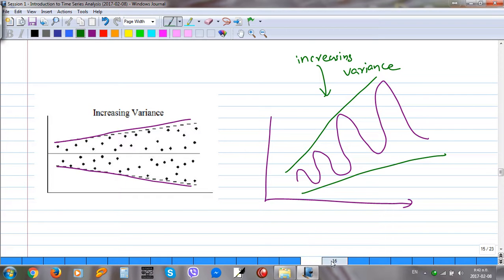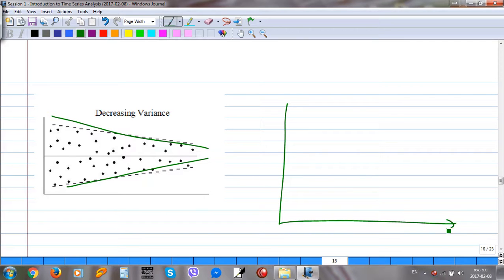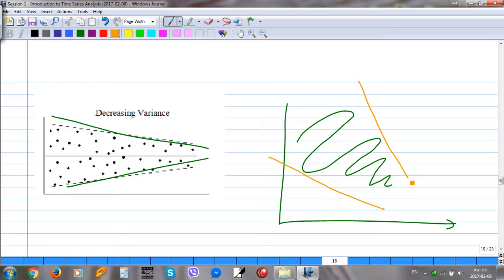The other type is decreasing variance, so that is decreasing, right? Like this way, it can go to any side. So the variation is decreasing like this, that is decreasing variance.